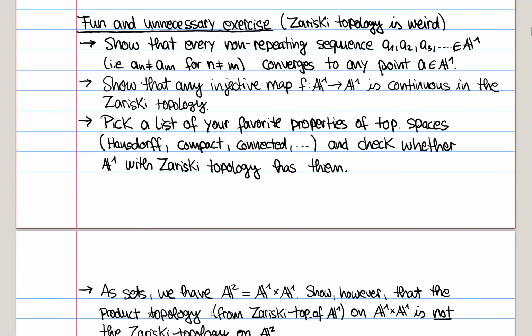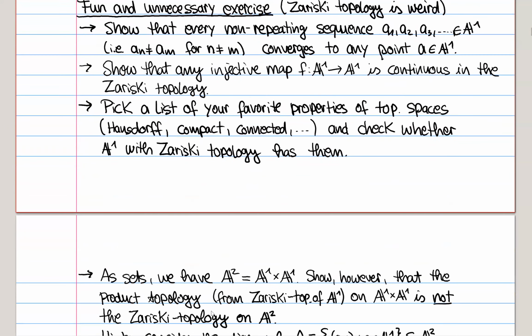And finally, there's also something weird. Recall there is something called the product topology. If you have two topological spaces, you take their product, then there is a natural topology on that product induced from the two factors. Certainly, we have seen that A2 is the product of A1 with A1 as sets.